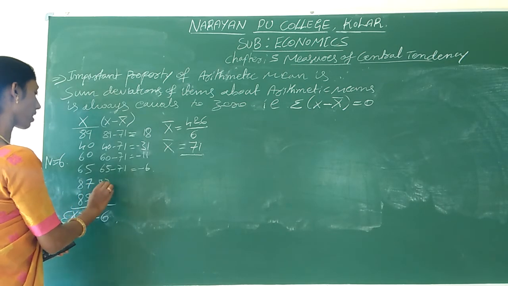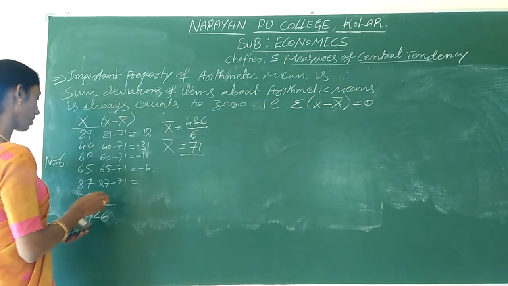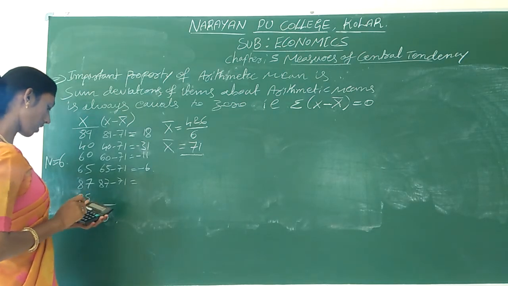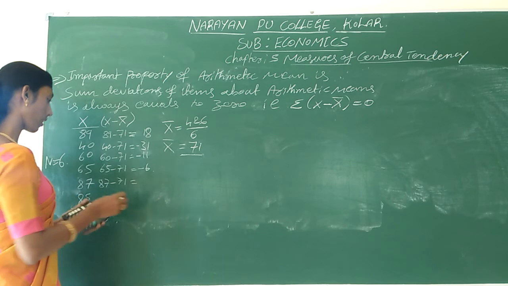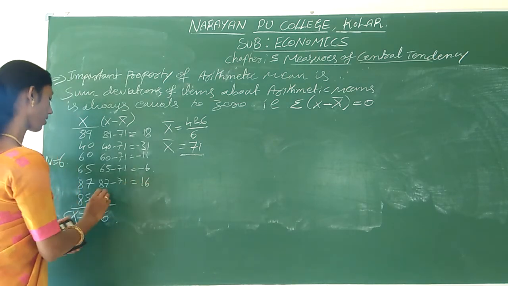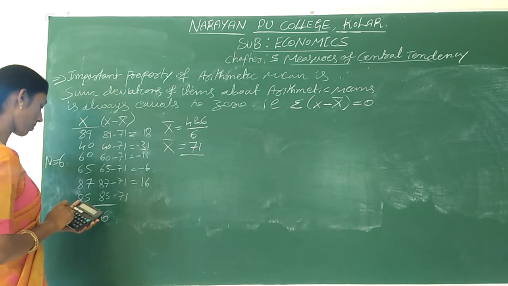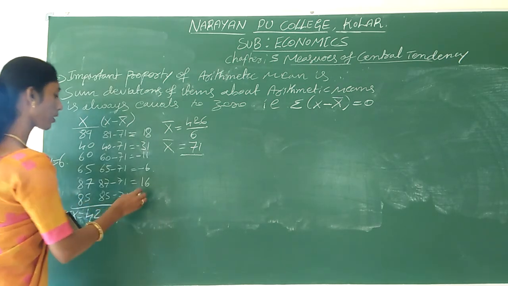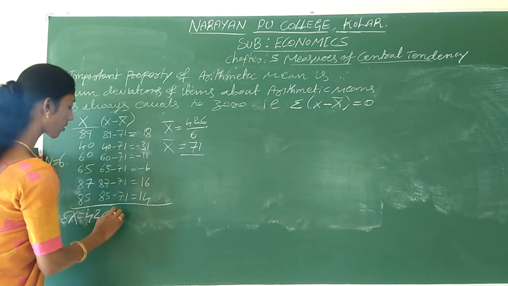Then 87 minus 71 is 16. 85 minus 71 will be 14.